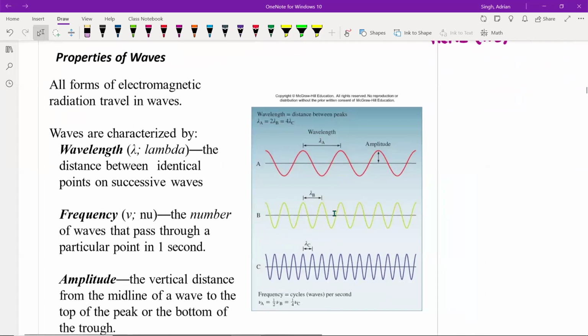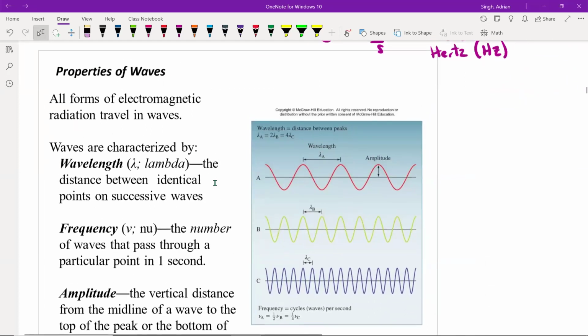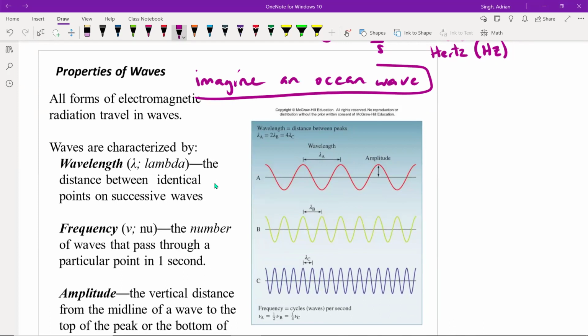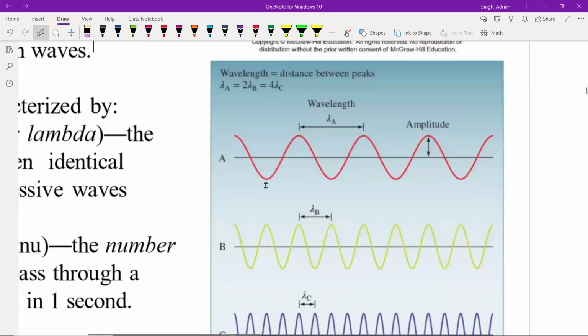So if you think of a wave, you can imagine sort of like a wave in an ocean. So imagine an ocean wave, and that's a good analogy to what we're going to try to discuss here. And it's coming along. So for example, diagram A kind of shows you the wave. So it goes up, goes down, goes up, kind of bobbing throughout the ocean. So when we look at a wave such as A, we can find any place along that wave.